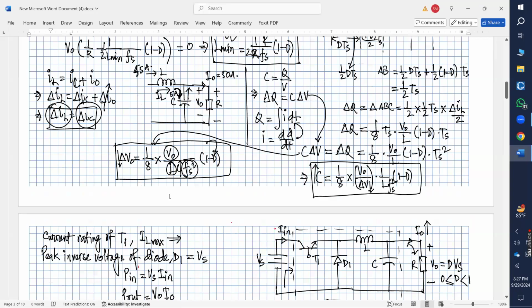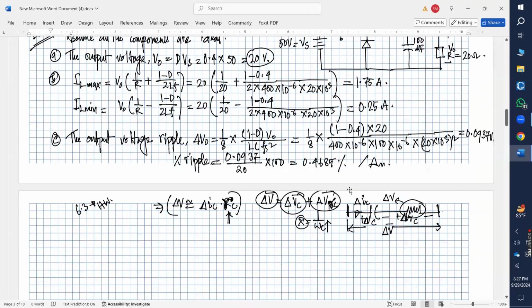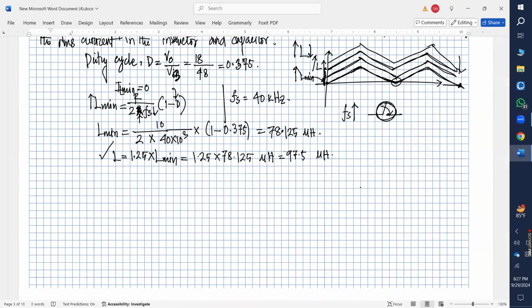By using this equation. So your C value is nothing but 1/8 multiplied by (1 minus D) over (del V naught over V naught) multiplied by L into Fs whole square.